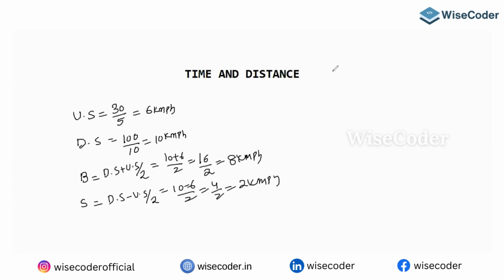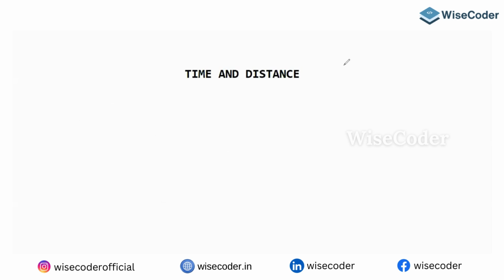A man can row 10 kilometer per hour in still water. Okay, 10 kilometer per hour in still water.